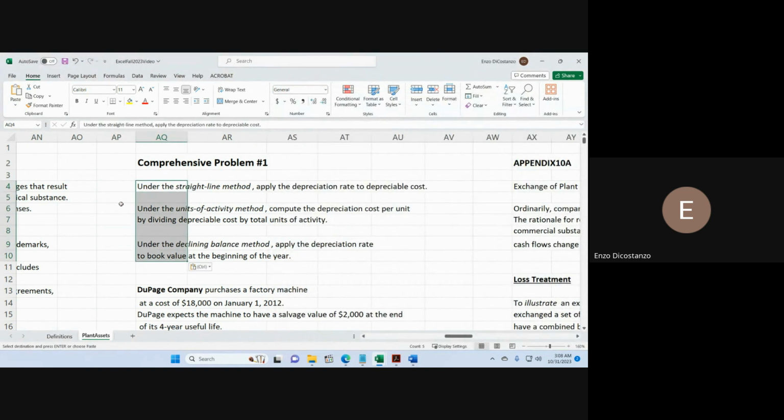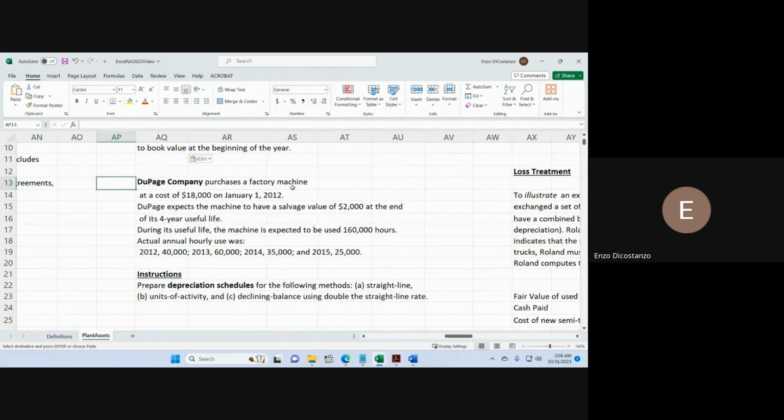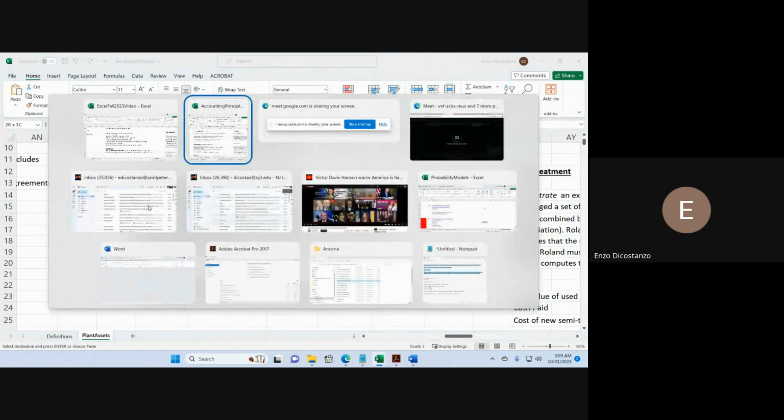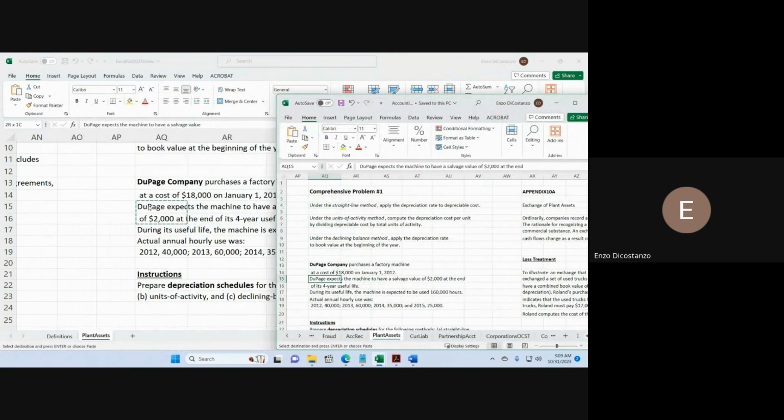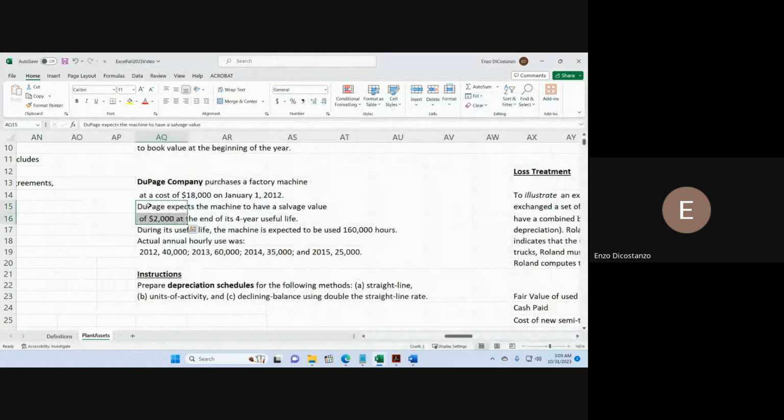It's always good to have a nice highlight of what you're working on. So we have a company here. They purchased an asset for $18,000, and the salvage is expected to be $2,000 at the end of the 4-year useful life.